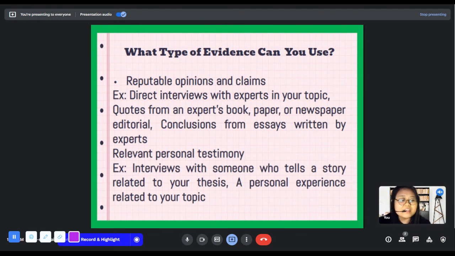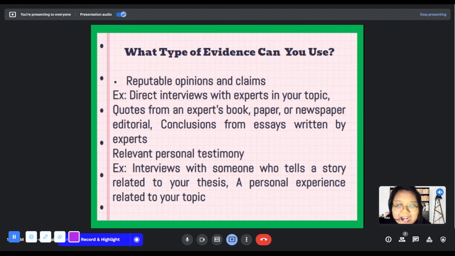Make sure the individuals have the credentials to be making these claims and are people who are respected in their field. We have samples like direct interviews with experts in your topic, quotes from an expert's book, paper, newspaper, editorial, conclusions from essays written by experts only.